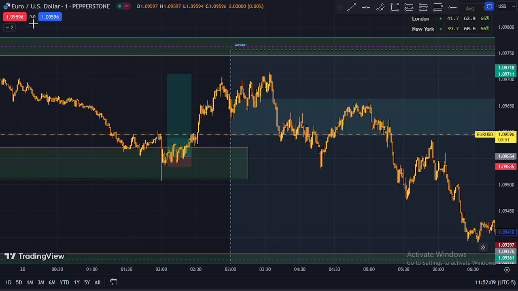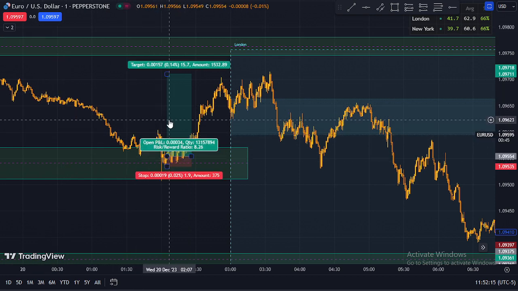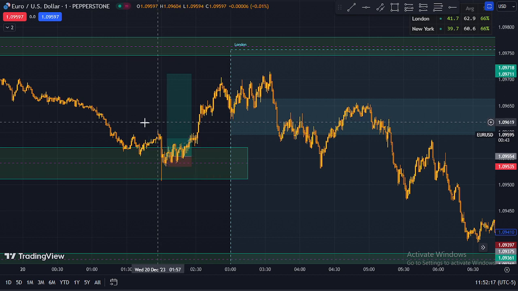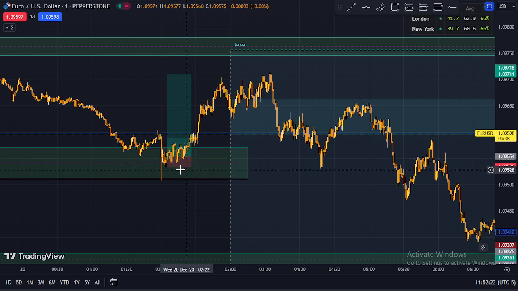As you can see here, we have 0, 0, 0, 1, 0, 2. So the spreads are very low. In prop firms, it's totally zero. So you don't need to worry about the spread with tight stop losses.